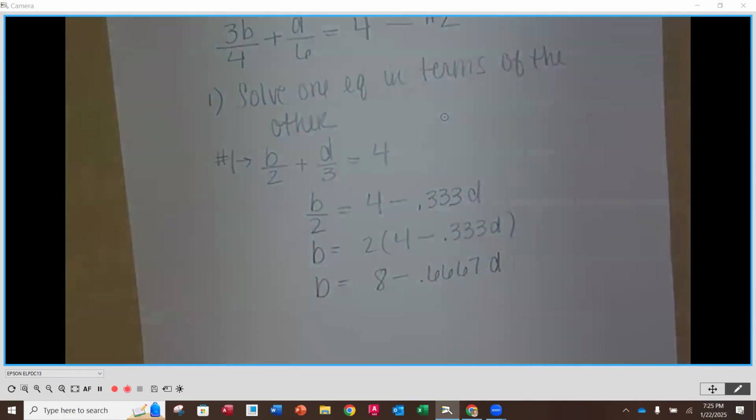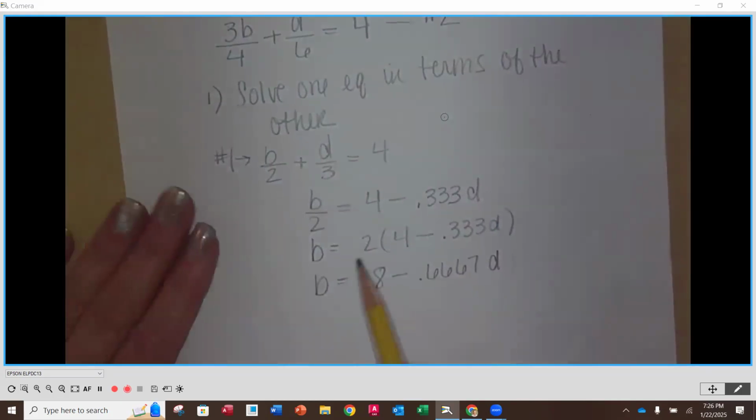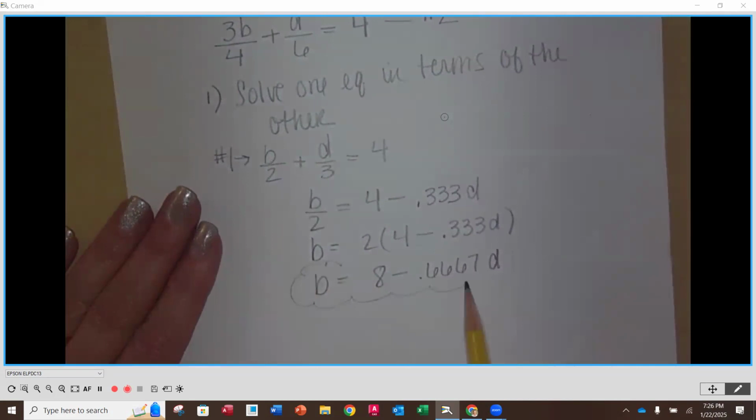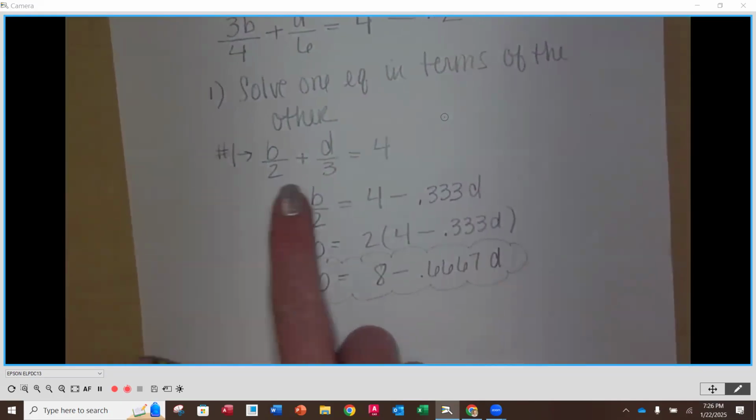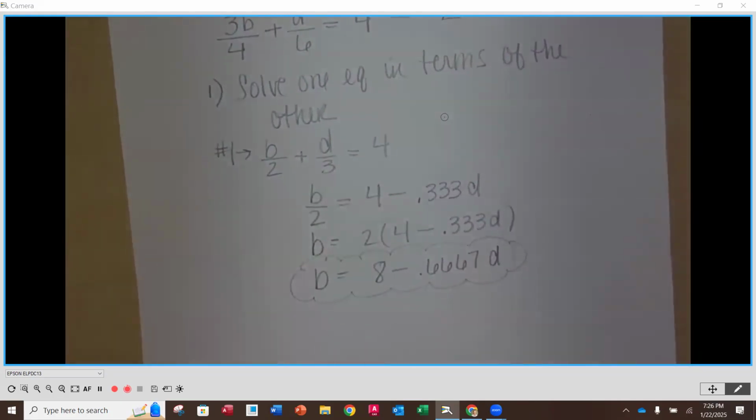So now we have b isolated on the left-hand side, and it's equal to the stuff over there that has d in it. We're just going to keep this on the side because we can't solve for this right now, since we've got 2 unknown variables. Since we used equation number 1 to get this far, we're going to leave it there.